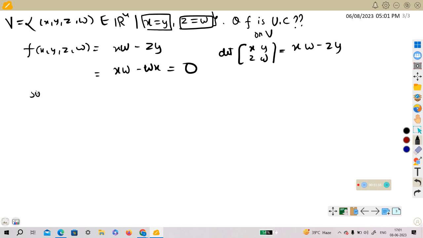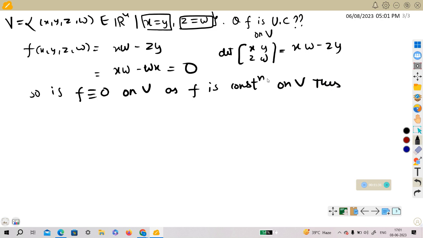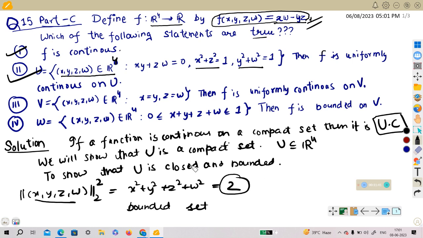So f is 0 on V. As f is constant on V, it is uniformly continuous. Thus f is uniformly continuous on V. According to the question, the third is also true.